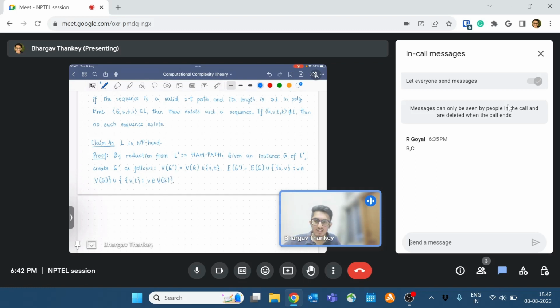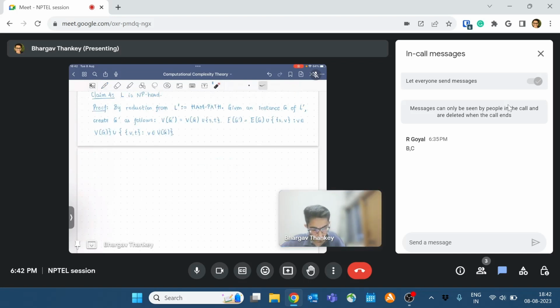Is the construction of G prime clear? What we are doing is this.